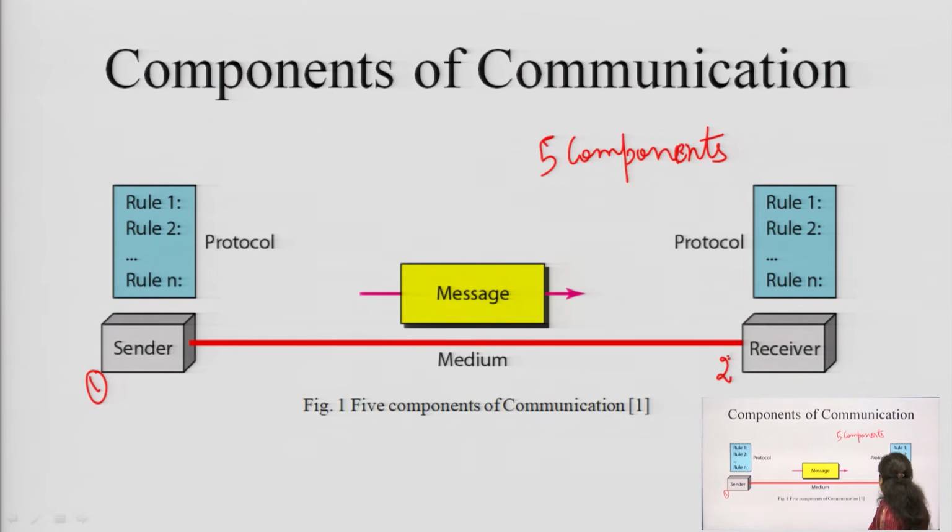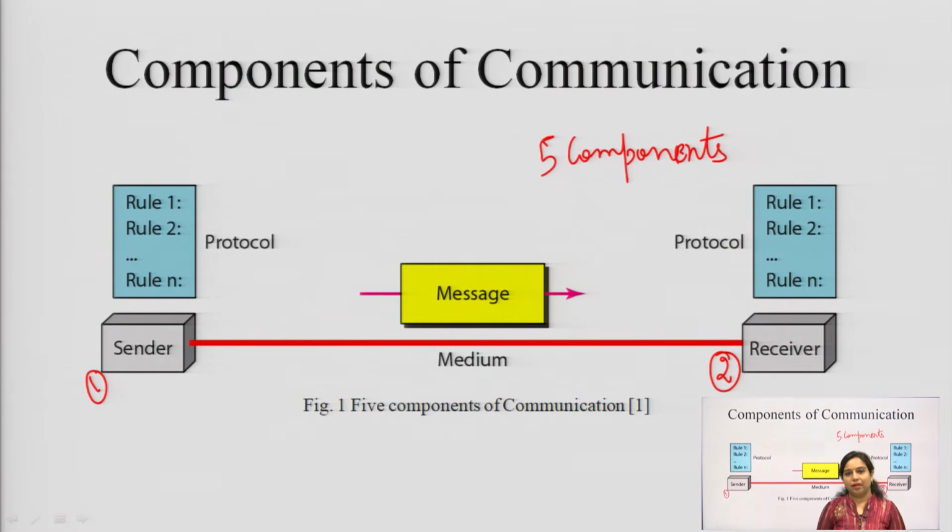Second component of the communication is the receiver. Receiver is the person to whom I want to transmit the information, like let us take the example of sending an email. In email we are transferring the information in text form, and this text will be transmitted to the receiver.